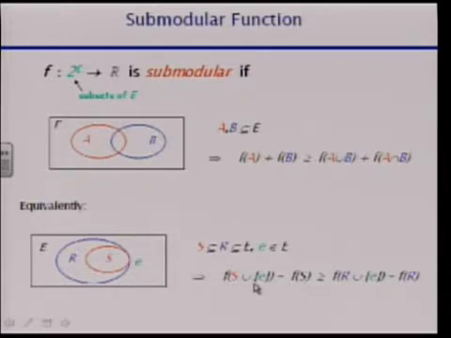And this gain, if I have S and I include a new element, the gain is greater than or equal to the gain when I have a bigger set and I include a new element. But what does that mean? Contributing to a smaller subset has more importance than contributing to a bigger set.